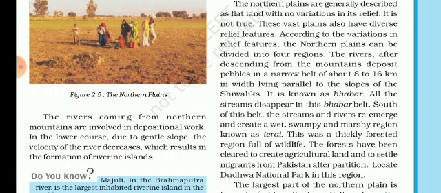And the fourth part is Khadar, the lowest region in the floodplain. The soil here is renewed whenever there is a flood. So this area is fertile and best for intensive agriculture.